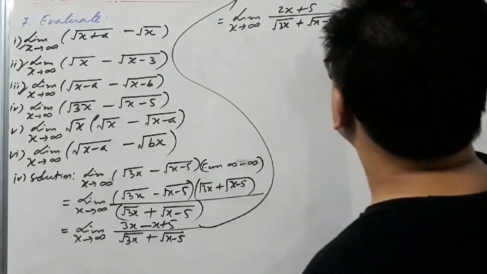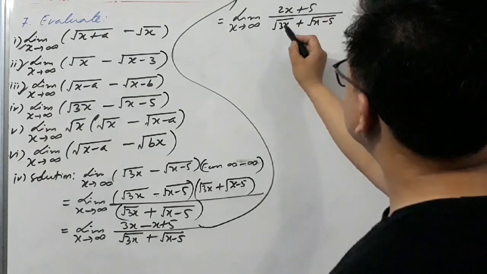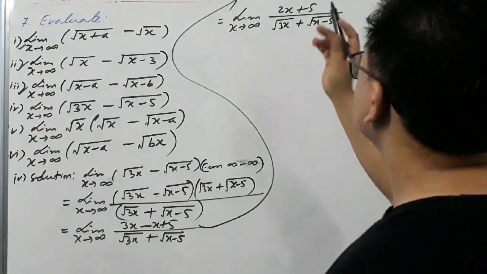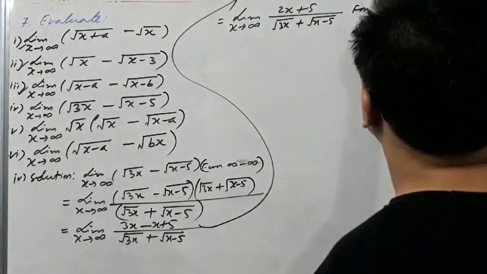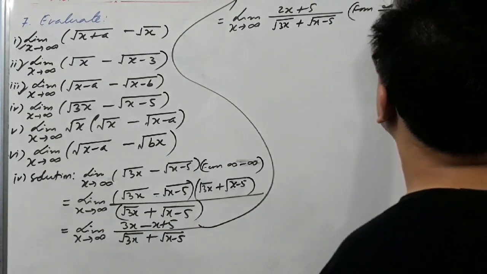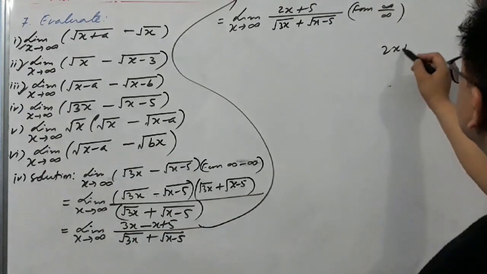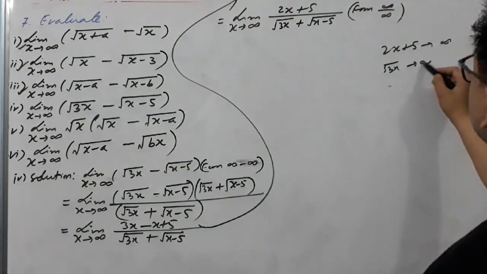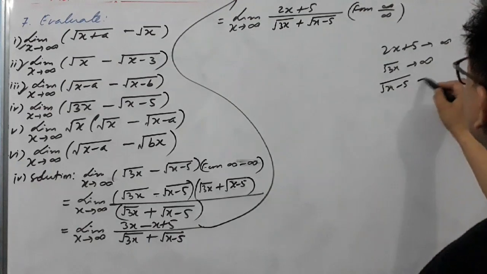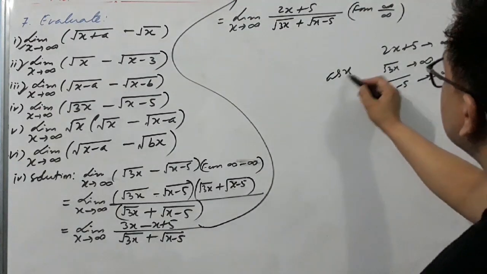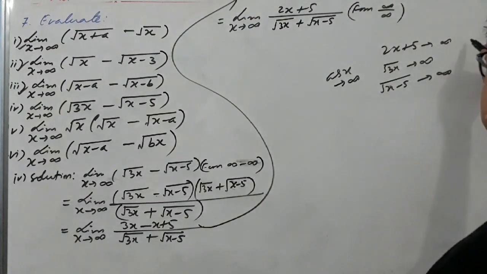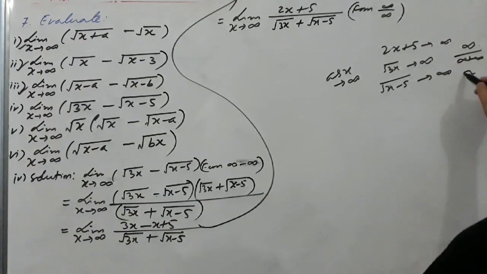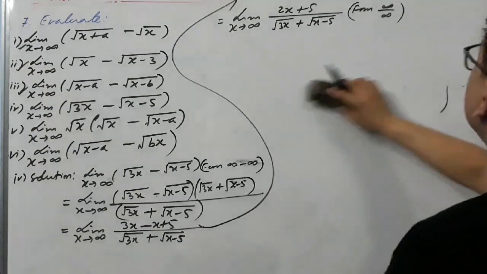If you see this, it is infinity over infinity plus infinity, as 2x plus 5 tends to infinity, root 3x is also infinity, and root x minus 5 also tends to infinity. So it is infinity upon infinity form.